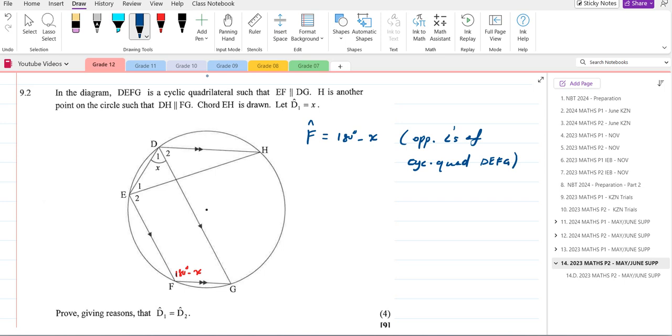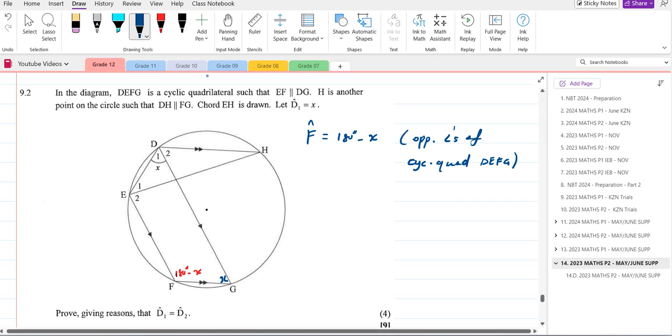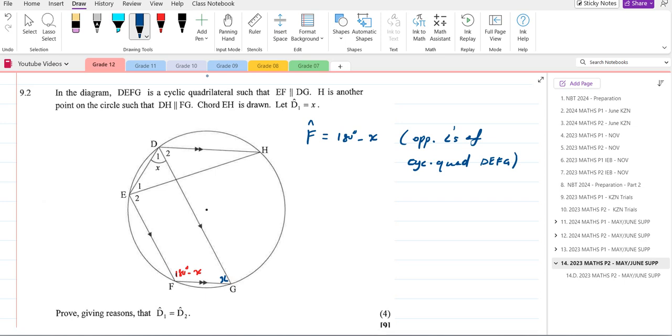So that's 180 minus x. Angle G is now x. Why is angle G equal to x? Oh yes, and then we can take alternate. Angle G is x because co-interior angles. Why is it co-interior? Because EF is parallel to DG.